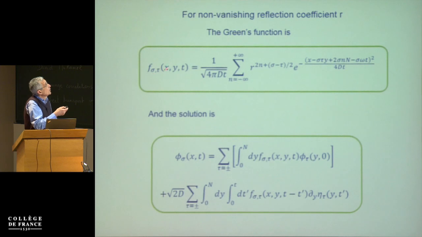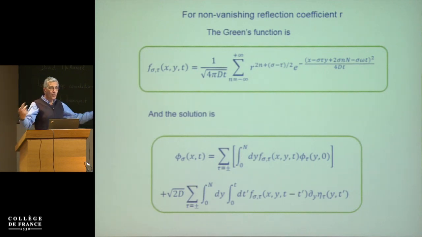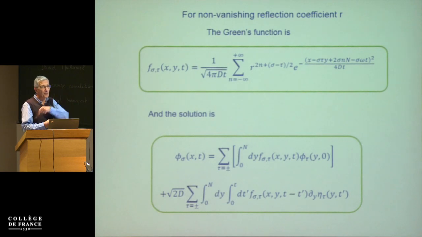So basically, the Green's function can be written simply as the sum over all these reflected modes and their interchange from phi plus to phi minus, reflected on both boundaries and multiplied by the reflection coefficient. Here, sigma and tau are plus or minus 1.